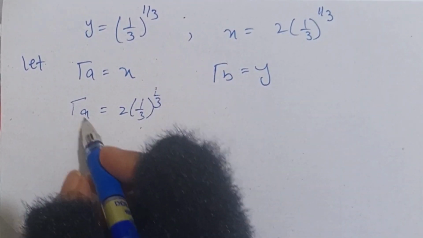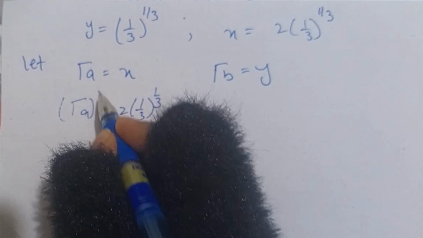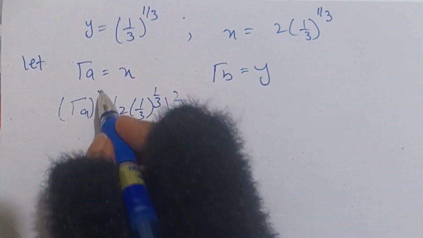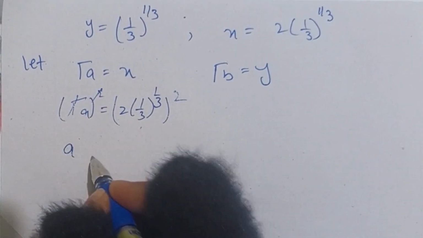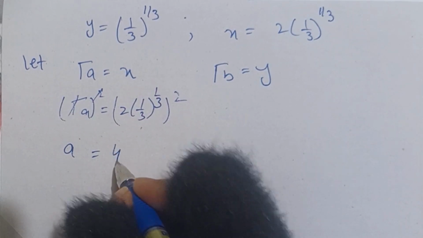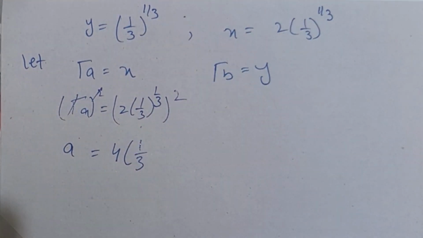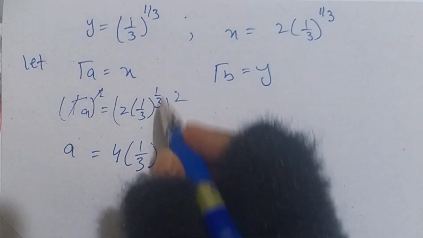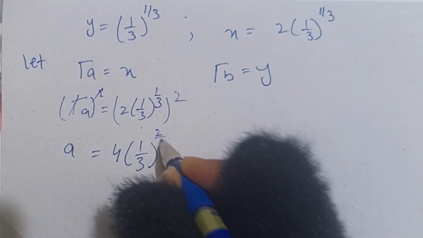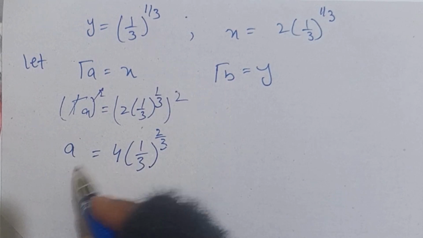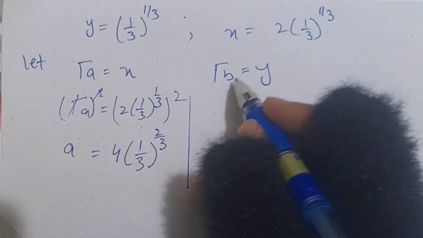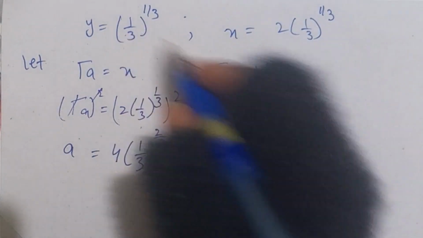We need to find a, so we take a square on both sides. So this square and square root will cancel. We just get a is equal to 4 times 1 over 3 raised to the power 2 over 3. So this is the value of a, and square root of b is equal to y, and y is equal to this.